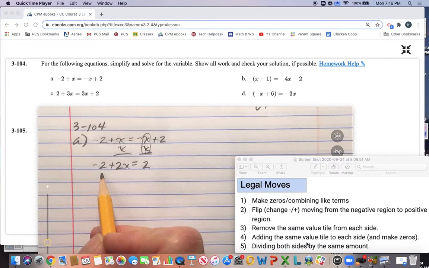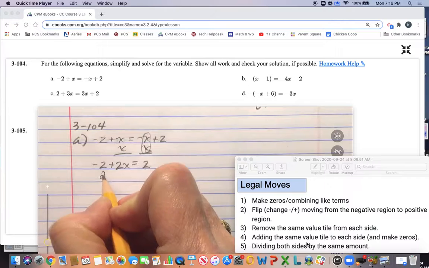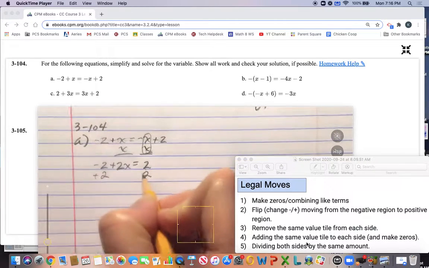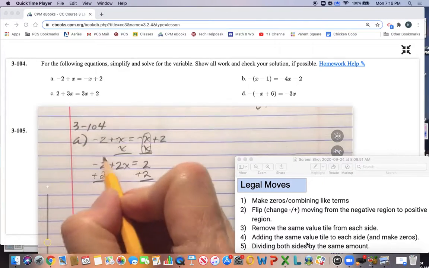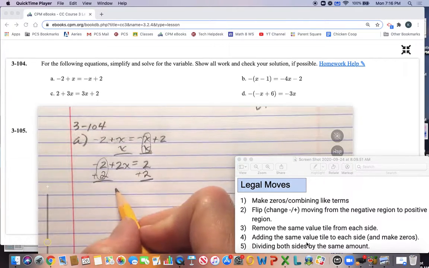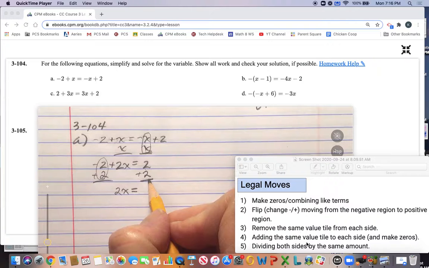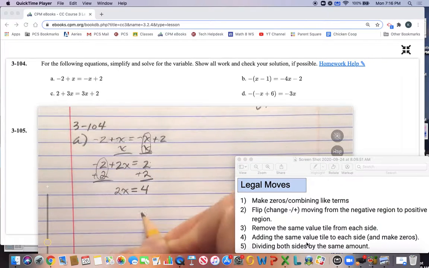So I'd like to zero out that -2. So I'm going to add the same value to each side, which is +2. So here, that zeroes out, and all I have left on this side is 2x. I'll put the equal sign here. And then on this side, I've got a +2 plus a +2, so I've got 4.